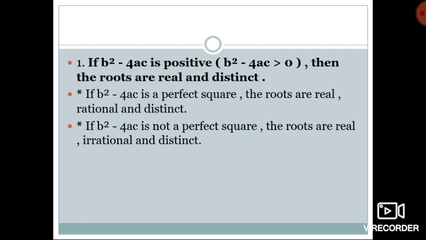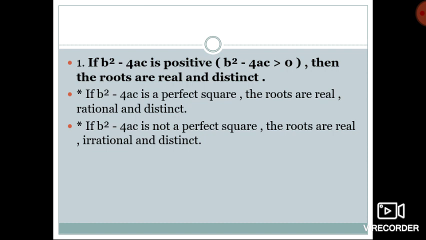When the value is a perfect square, then you can add one more word: the roots are real, rational and distinct. Perfect squares, for example, are 9, 16, 25, 36, etc. So if we get a perfect square value, then the roots are real, rational and distinct.